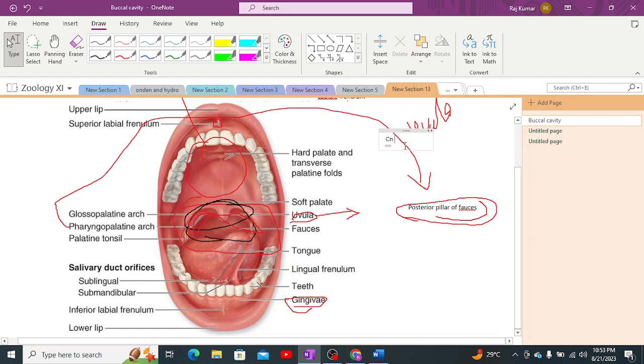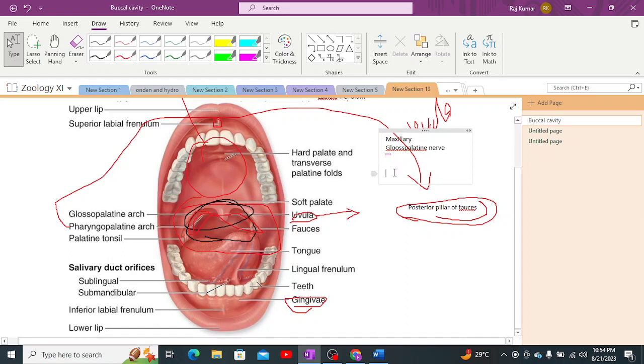Here we have the maxillary nerve, as well as the glossopalatine nerve. These two nerves are basically facial nerves in actual, and the glossopalatine nerve is present on the posterior side. The maxillary nerve is present on the anterior side.